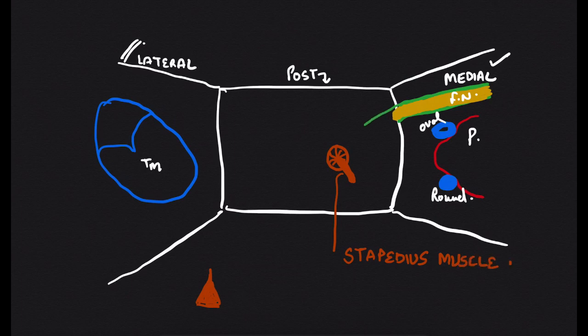Now if you follow the facial nerve on the medial wall, which was horizontal over there, it bends and becomes vertical to pass behind this posterior wall to exit the temporal bone through the stylomastoid foramen later. It lies behind, or deep to, the pyramidal eminence in the posterior wall of the middle ear.